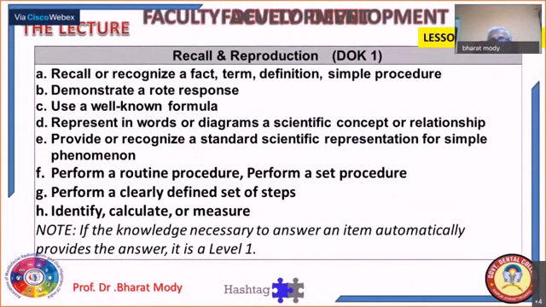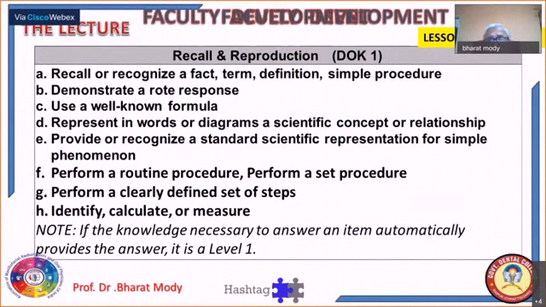The first depth of knowledge is the recall, reproduction. If any question directly gives you the answer, like for example, you have asked a definition, what is a class 2 caries? Or what is the class 1 Angle's occlusion? Then in that case, the answer is direct.